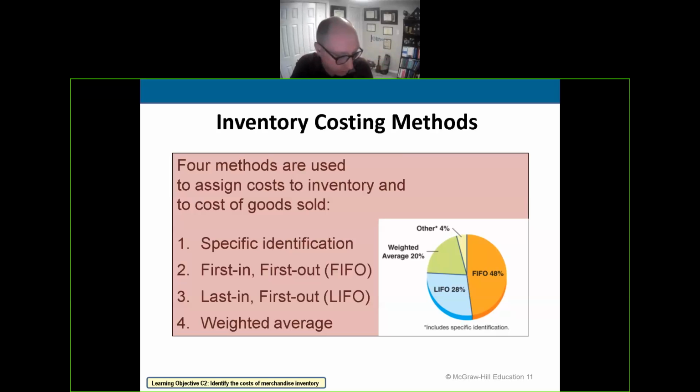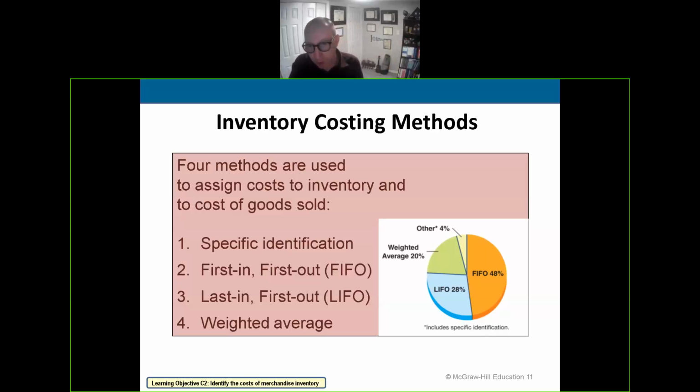The reason why is because electronics don't have expiration dates on them. Okay, it doesn't matter. I don't care if I sold this first or last. It doesn't matter. Okay? It's not going to expire. Last in, first out. So think Best Buy, last in, first out.